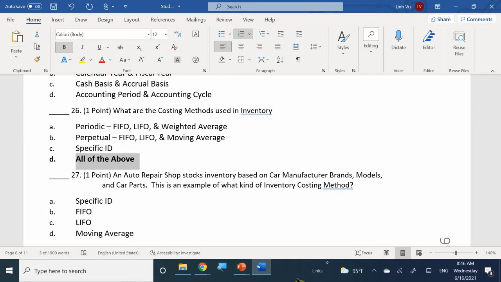So it's very important that you know that an auto repair shop is going to be dealing with the specific ID type of costing method, because not every item is a one size fit all. It has to be based on the car itself. It's going to be based on the car brand, the model, the year, and the actual specific part. Okay.